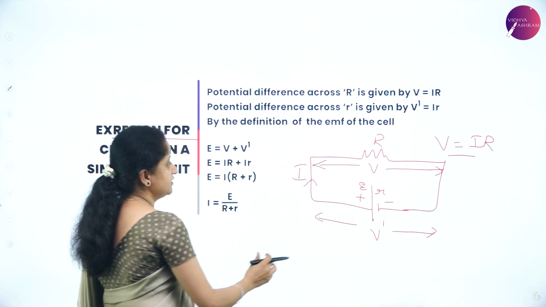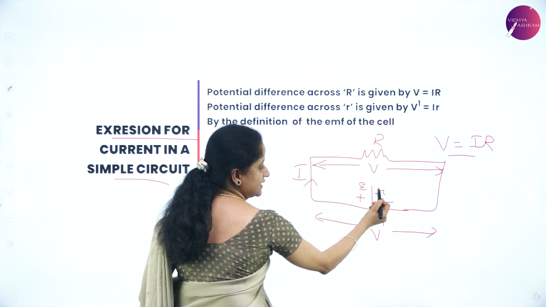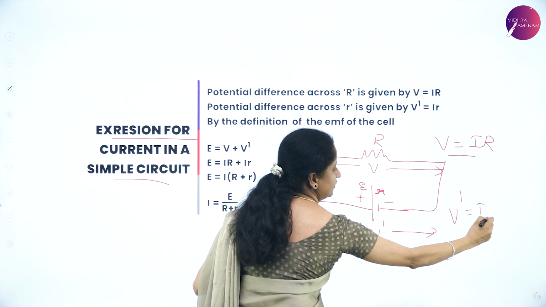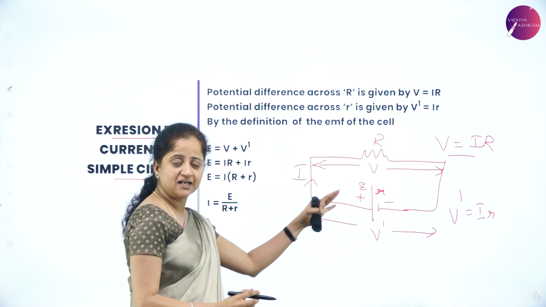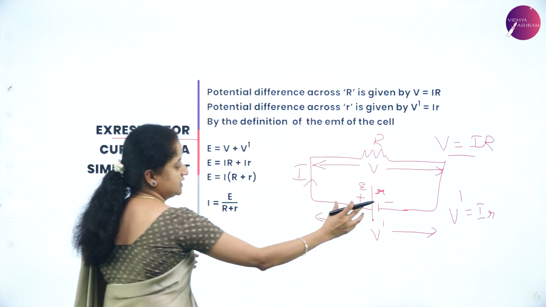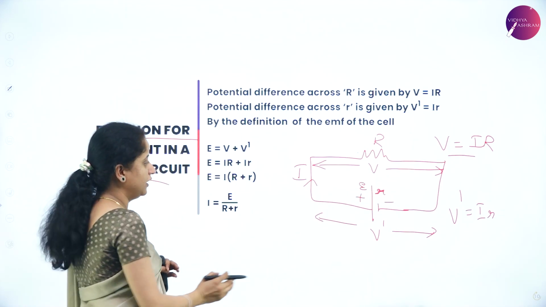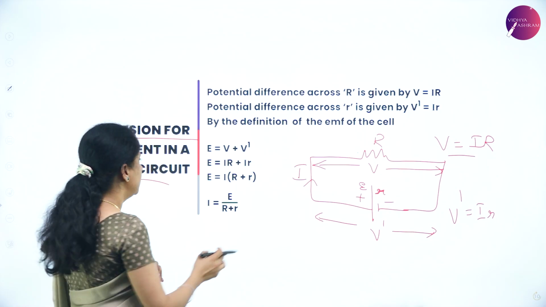Similarly, the potential difference across the internal resistance small r can be V dash is equal to I into small r. So what is V dash? That's the potential across the cell, which has internal resistance small r, and hence V dash is equal to I into r.